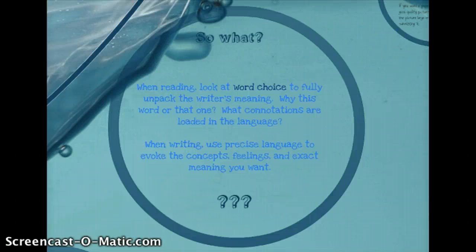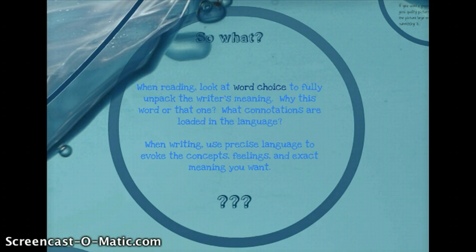All right, so let's ask that question. So what? Why do we care if there are both denotative and connotative meanings? Well, because connotation allows the writer to include so many more layers of meaning, it's important to consider the author's word choice. Why did the author choose one particular word versus another?